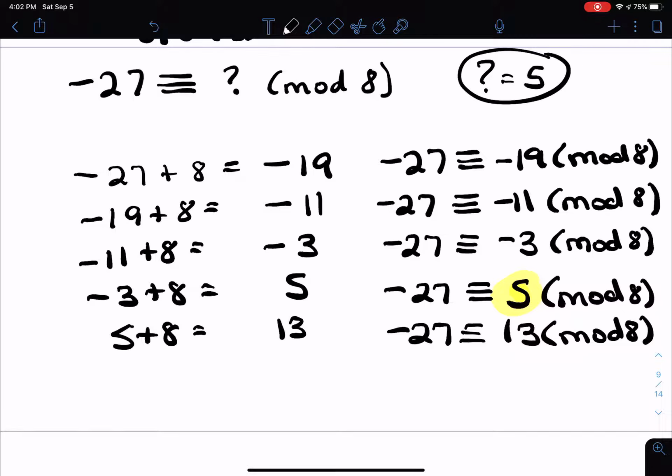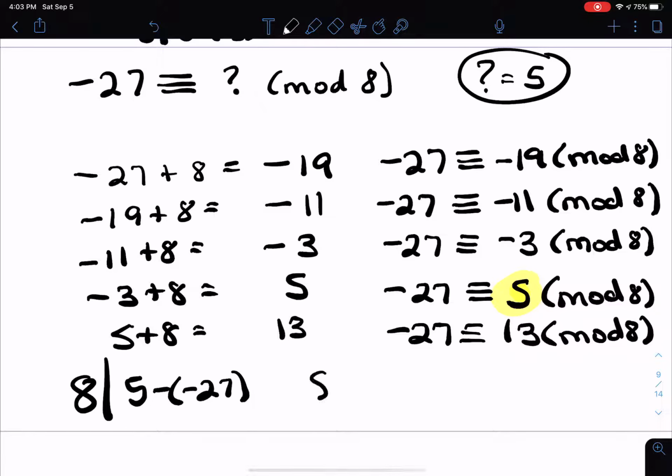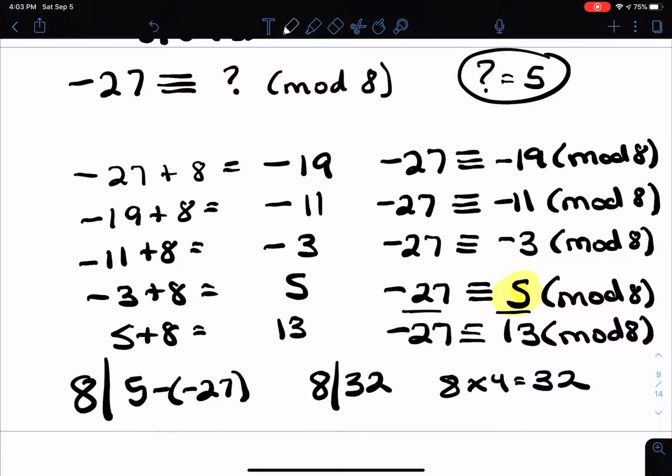And if you look at this, 8 divides evenly into 5 minus negative 27, because 5 minus negative 27 is 32. 8 times 4 is 32. So if you subtract those two numbers, 8 divides evenly into the difference. That's a quick way to check too, to make sure you didn't accidentally mess up something along the way.